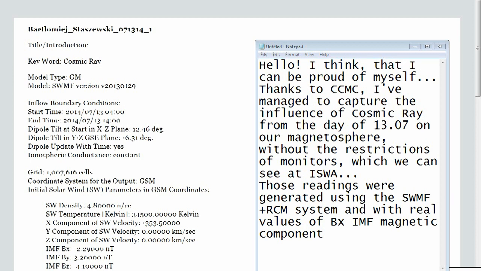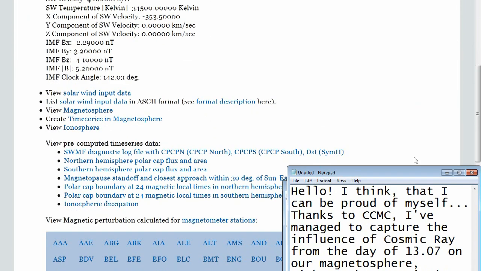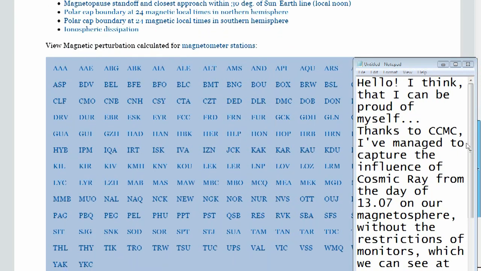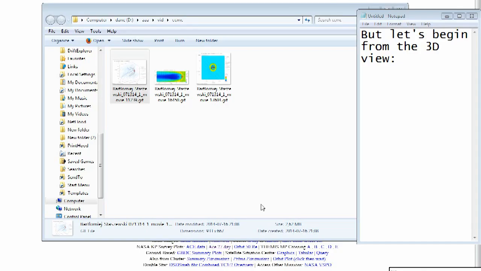Those readings were generated using the SWMF plus RCM system, with real values of the BX IMF magnetic component. But let's begin from the 3D view.